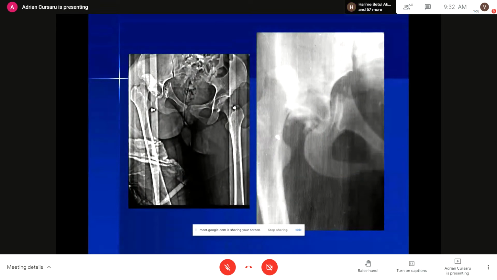Okay, can you say it's a polyfracturated patient? We have a fracture here and another fracture here, on the acetabulum, and a dislocation. Can you say it's a polyfracturated patient? What do you think?